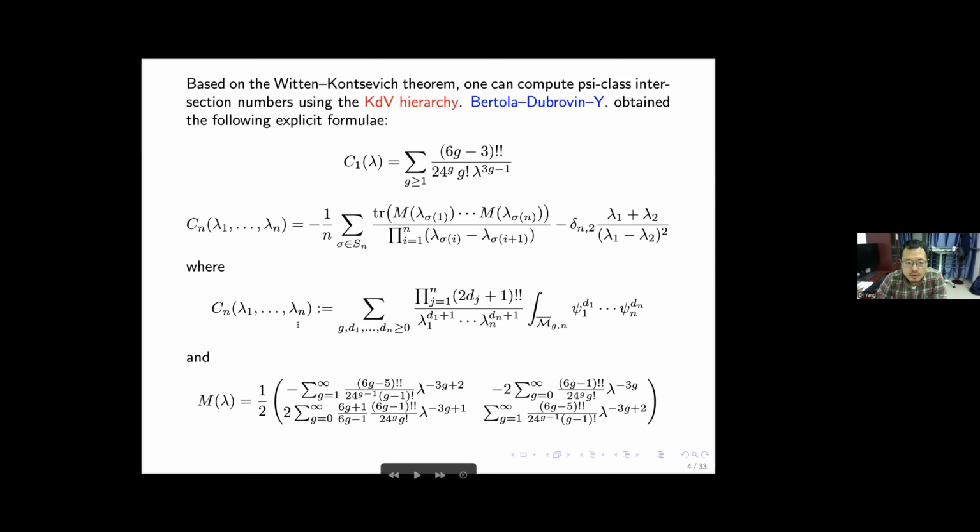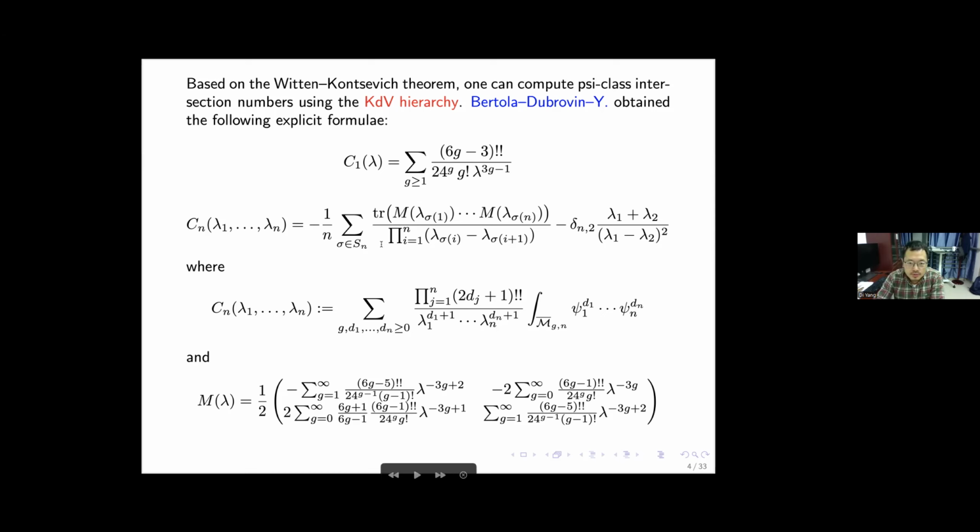If we denote by Cn the n-point generating series of these intersection numbers, to solve this PDE we actually use the Lax formalism.